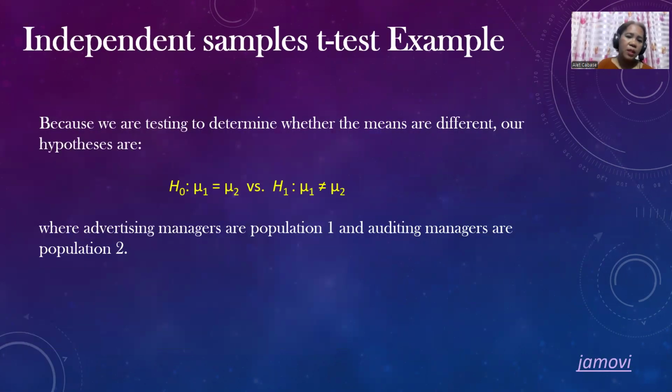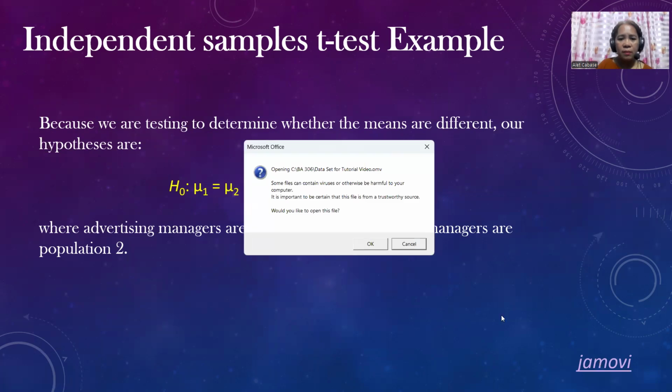Because we are testing to determine whether the means are different, the null hypothesis is that mu1 is equal to mu2, and our alternative hypothesis is that mu1 is not equal to mu2, where advertising managers are population 1 and auditing managers are population 2. Now let's go to Jamovi.